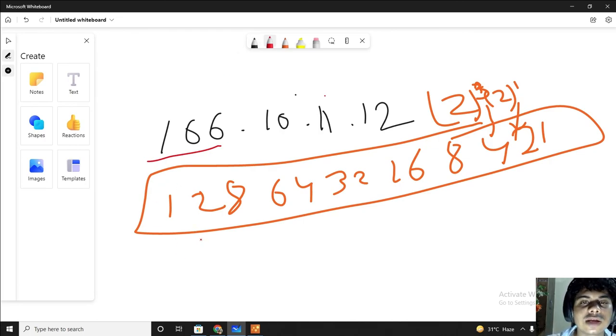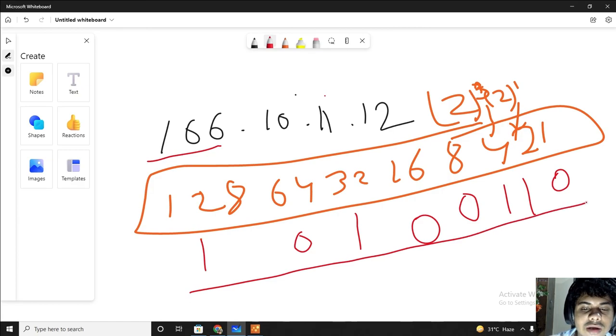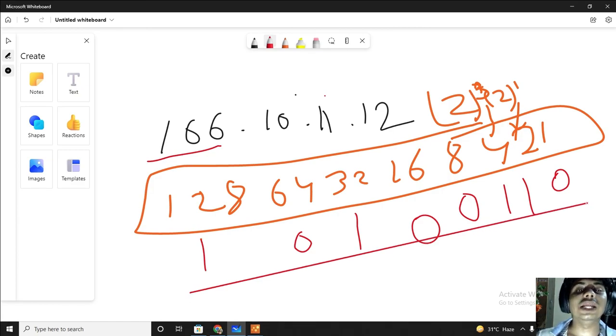So 128 helped you, yes. 64 helped you, no, so make it 0. 32 helped you, yes, so let's make 1. 16 helped you, no. 8 helped you, no. 4 helped you, yes. 2 helped you, yes. And 1, no, so make it 0. So now you can see that this is the binary value of this number.